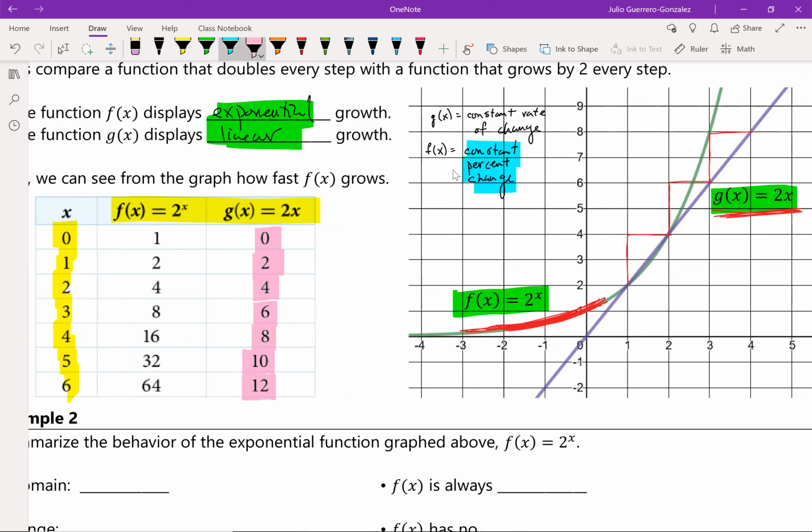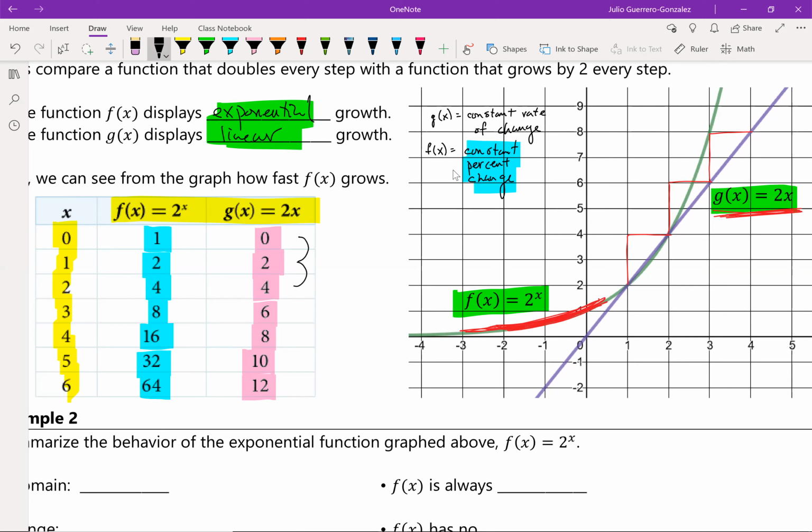On the other hand, when you look at the 2 to the x, if you grab this one, multiply it by 2, you get that. If you grab the 2, multiply it by 2, you get the next one. 4 times 2, 8. 8 times 2, 16. 16 times 2, 32. And so on and so forth. Does that make sense? So, sort of the same idea.